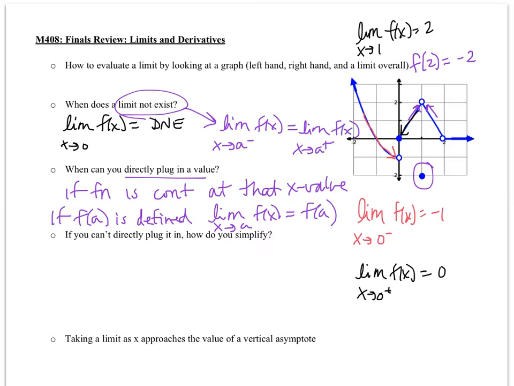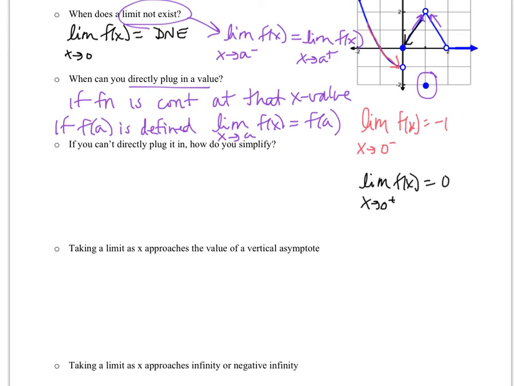If no direction is given, then that means I'm talking about the overall limit where I have to compare the left and the right. Now there's going to be times when I don't have a graph handy and I cannot directly plug in my value to find the limit. So the question is, how do we simplify? Well, we learned several strategies. The first that we learned was that I would factor and cancel. Then we talked about how I could multiply by the conjugate.